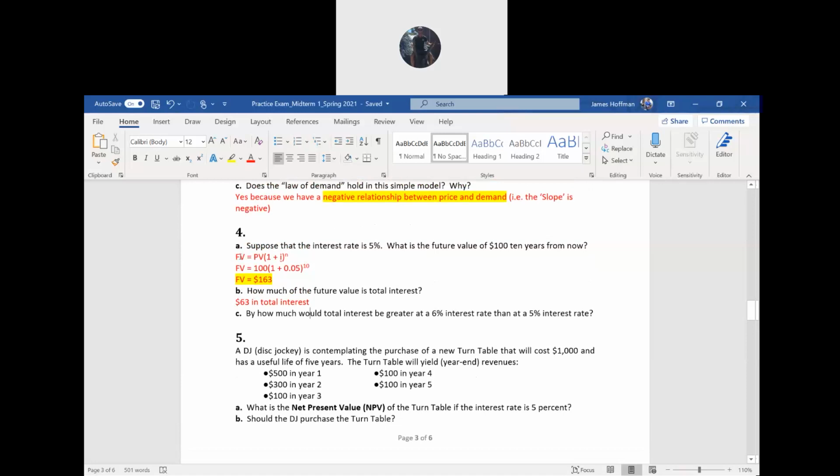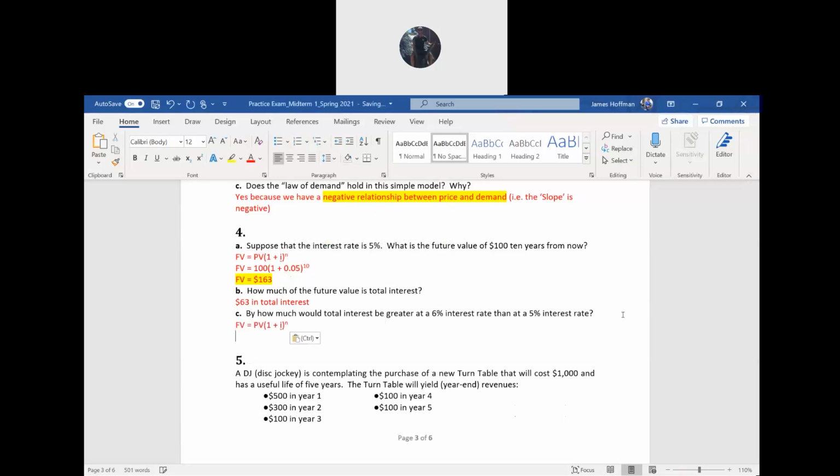So let's first do this for a 6% rate. Present value is still 100.